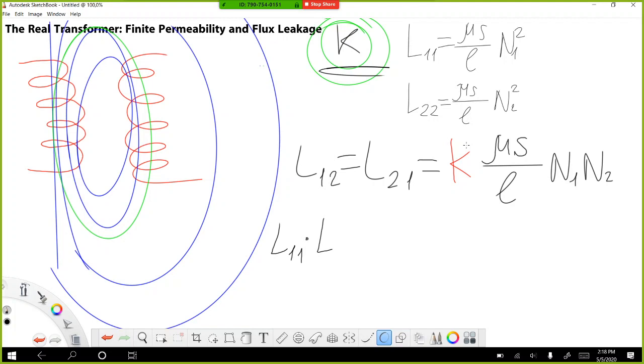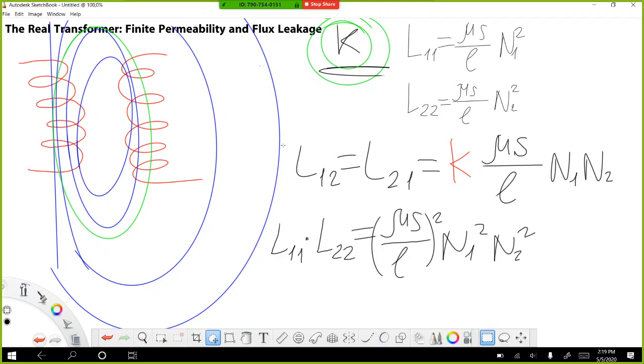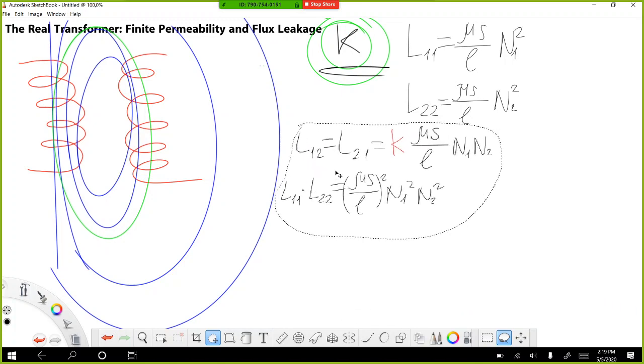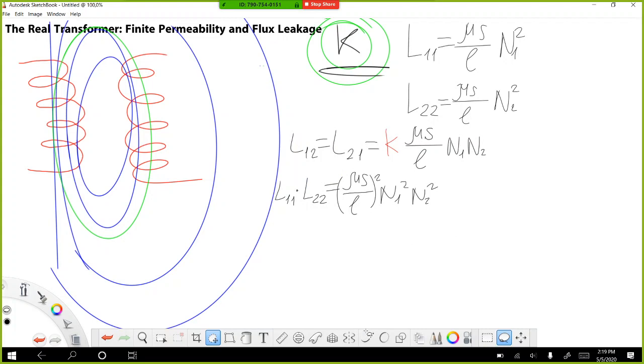L11 multiplied by L22 is equal to mu s over L squared, n1 squared n2 squared.